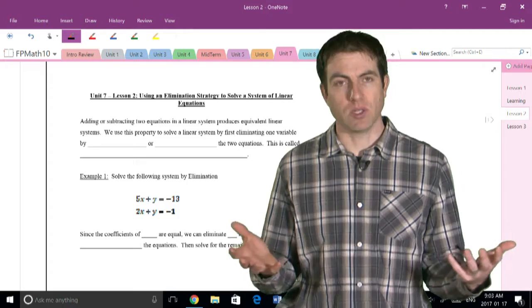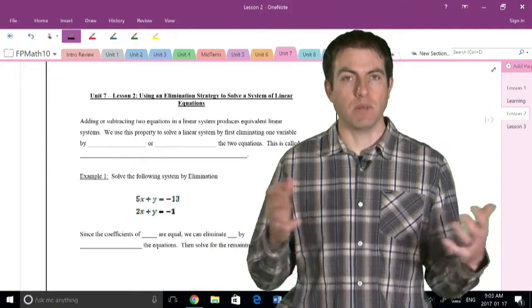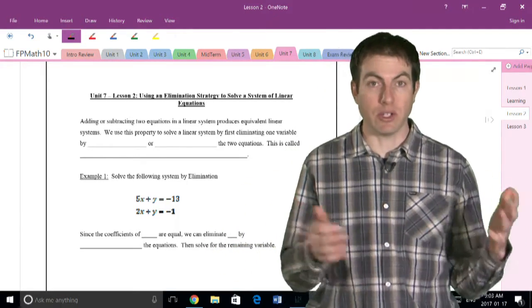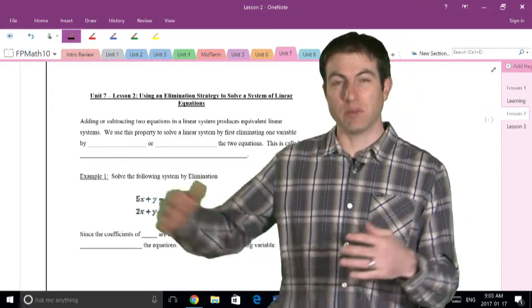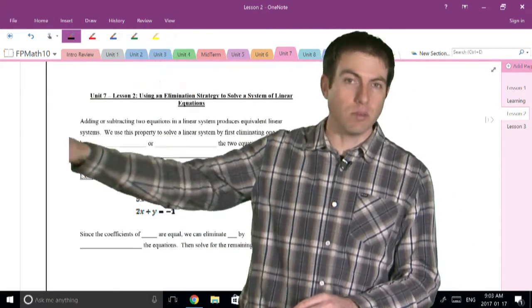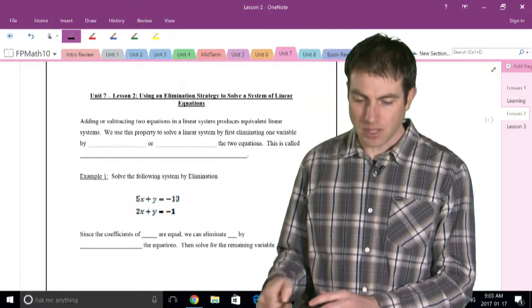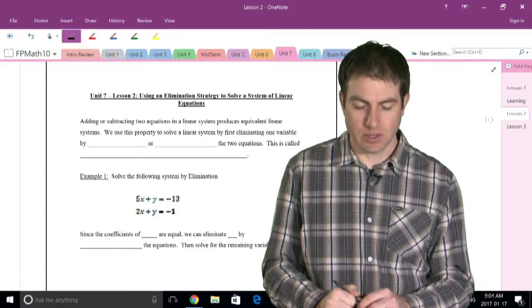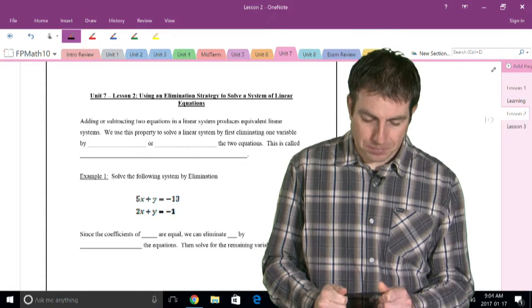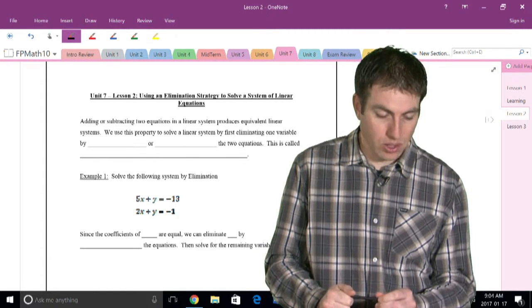Sometimes the y-intercept or some value in the line won't allow you to graph it to find out where they intersect, or the intersection point could be like 1,000 points off into the distance. So we're going to look at a different way to solve systems of equations, and it's called using elimination.